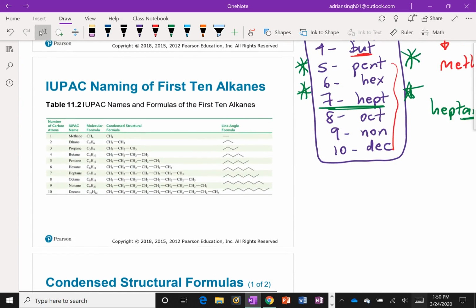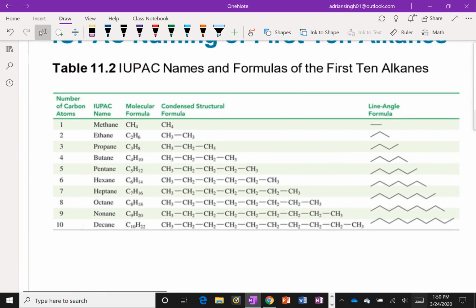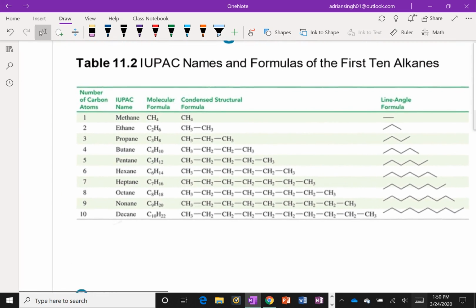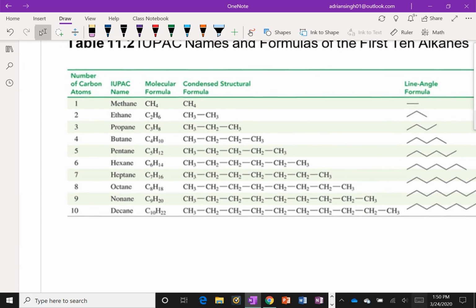Right, so you need to know these prefixes 1 through 10 when it comes to the nomenclature of the organic compounds. And here are some examples of the first 10 alkanes that we have. So we have methane, ethane, propane, butane, pentane, hexane, heptane, octane, nonane, and decane, right? They all have that ANE ending, which tells you that they are all alkanes, right?